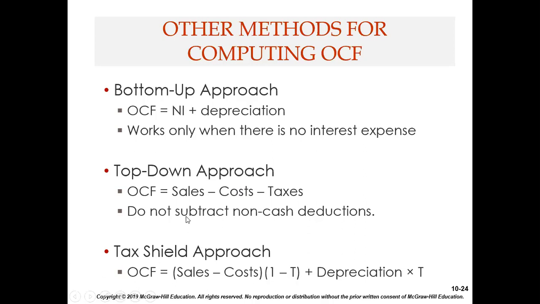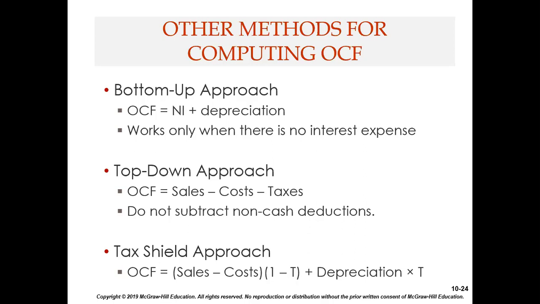Or they say, use the tax shield approach if you want. So it's whatever you feel most comfortable with. This is where we take all of our sales minus costs. So that's the part of sales that will be taxed. They do it in a fast track. They go, okay, instead of multiplying that difference by the tax rate and then subtracting that result from sales minus costs, there's an easier way.